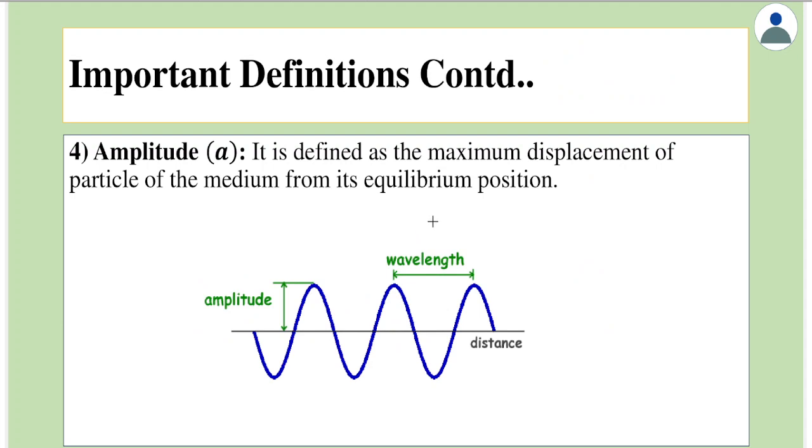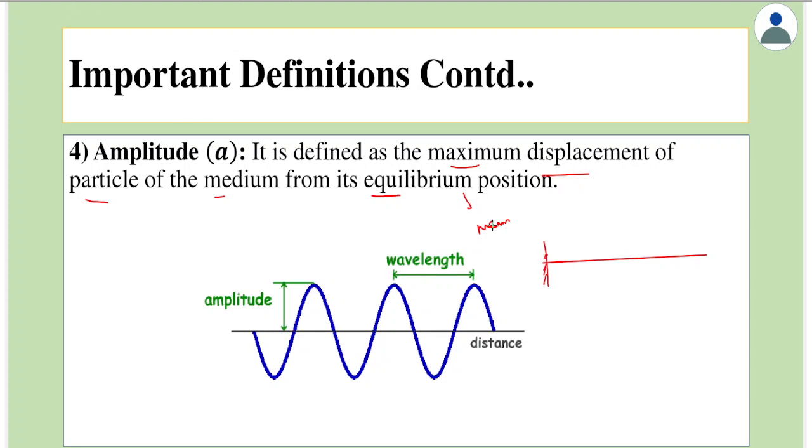The next definition is called amplitude. It is defined as the maximum displacement of a particle of the medium from its equilibrium position. This is also called the mean position. To understand this, think of a rope which is fixed at one point.